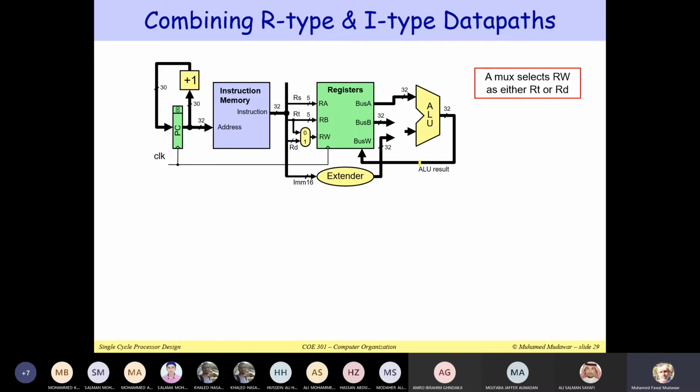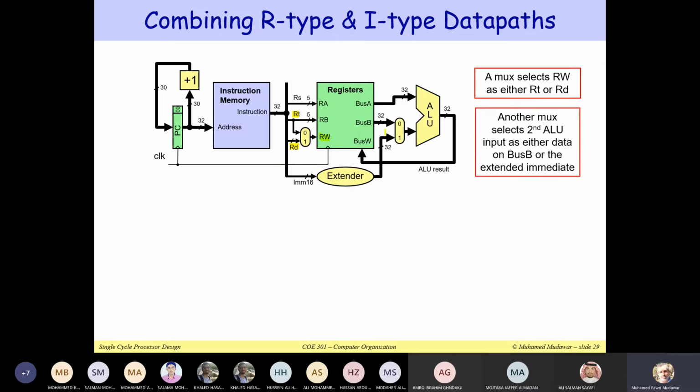I'm going to use a multiplexer specifically for RW, to indicate whether to write RT or RD. So these are the inputs of the multiplexer. I'm showing the multiplexer here, a small thing in yellow, which has two inputs, 0 and 1, and one output. I need this multiplexer to select whether my destination RW is RT or RD.